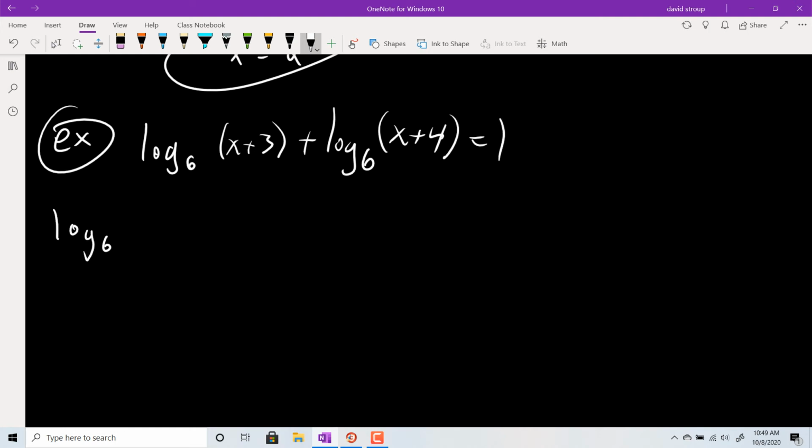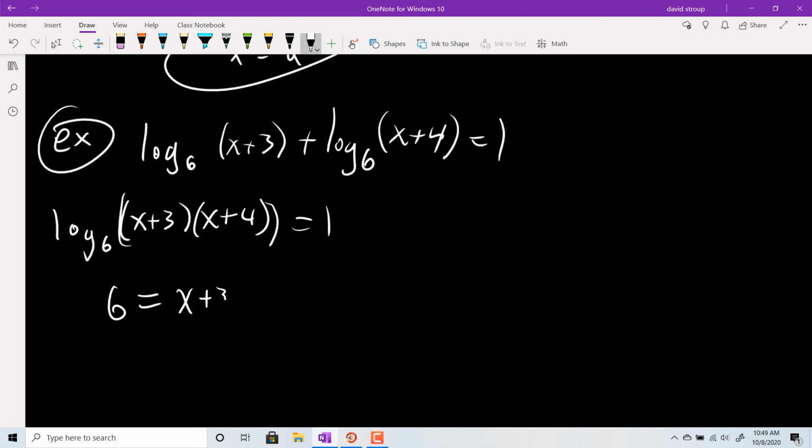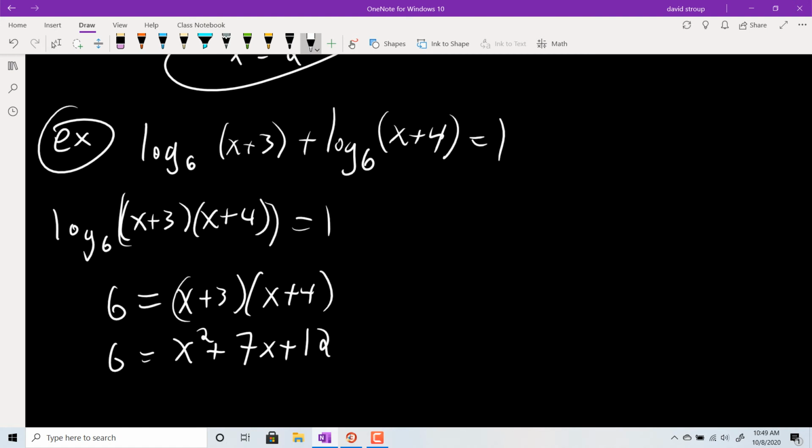This will be log base 6 of x plus 3 times x plus 4 equals 1. And then use the definition. 6 to the first power, which is equal to 6, equals x plus 3 times x plus 4. Then we could FOIL out the x plus 3 times x plus 4. That'll give me x squared plus 3x plus 4x is 7x plus 12.